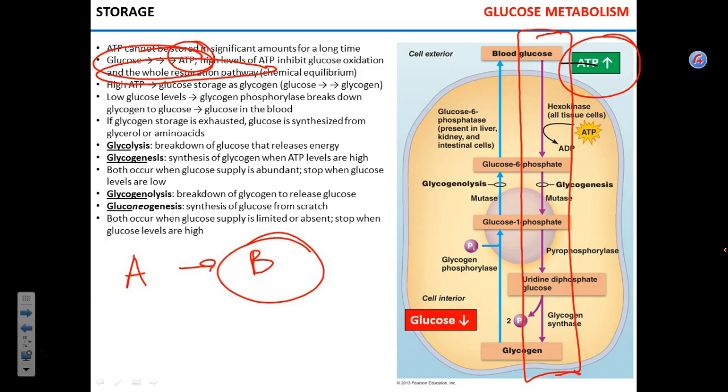I'm not going to ask you about the details and the enzymes. But you have to understand that elevated levels of ATP will initiate synthesis of glycogen, which is basically a polymer of glucose. Do I make sense?